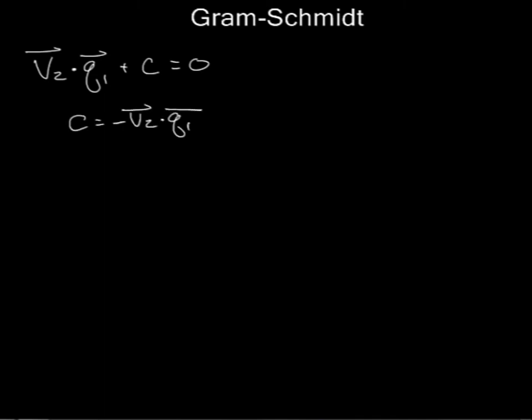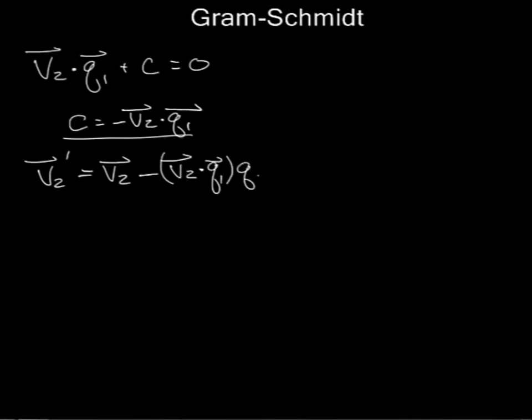Okay, and I asked you to make that 0, which is to say c is equal to minus v2 dot q1. So this new vector v2 prime is v2 minus this scalar v2 dot q1 times q1. And that's one step. You then have to normalize v2 prime, but that's the main step.